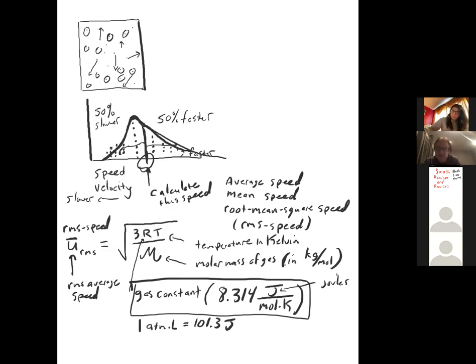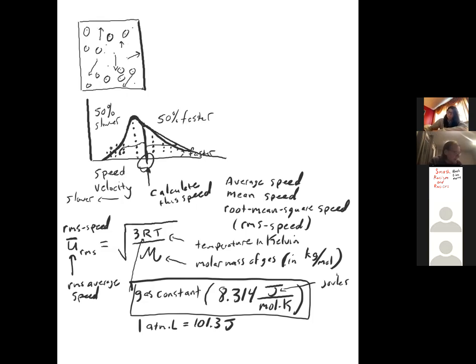An atmosphere liter is the same thing as 101.3 joules. So if you take the 0.082057 and convert it to joules instead of atmosphere liters, you multiply by 101.3 and you get this number, 8.314. So we've got to use that 8.314.